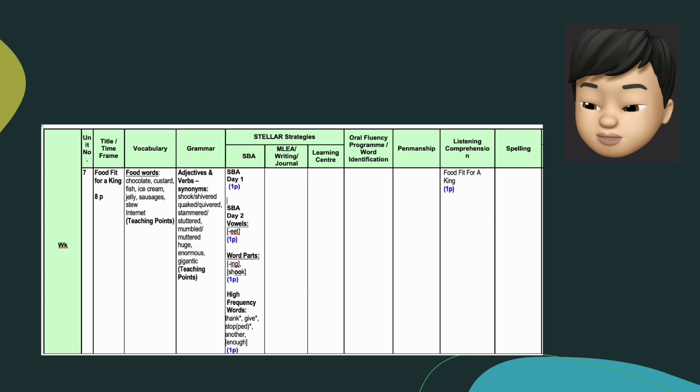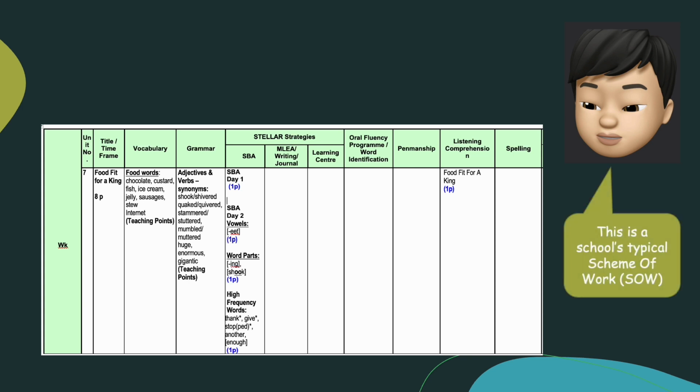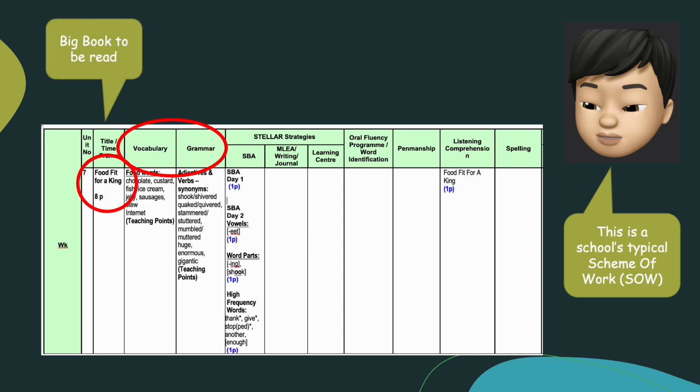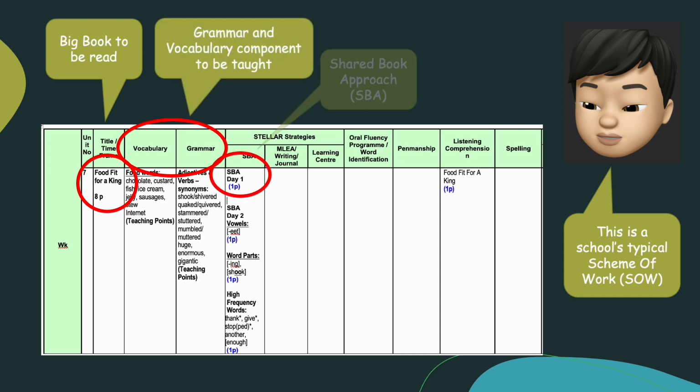For example, this is what a school's typical scheme of work will be like. There is the big book reading, there is the vocabulary component and grammar component to cover, and then there's also the Shared Book Approach Day 1, SBA for short. This is where the big book reading will happen.